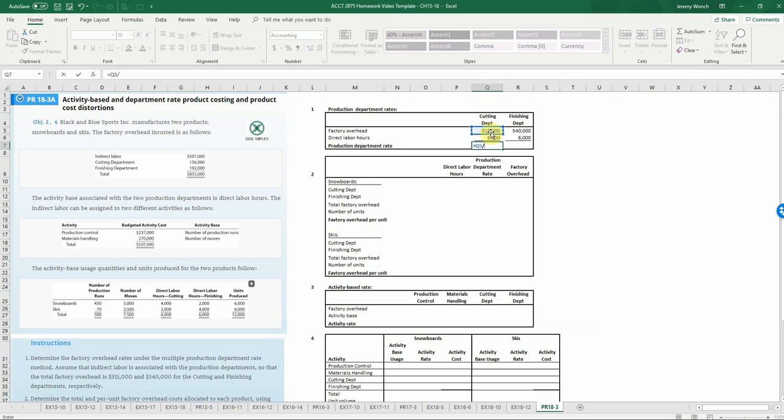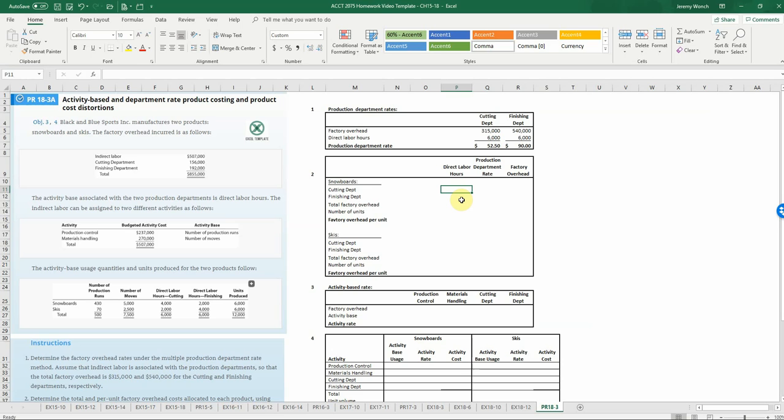Now we just divide our total cost by our driver. All right, now we have a departmental rate for each of the departments. Now we want to allocate that to the products.